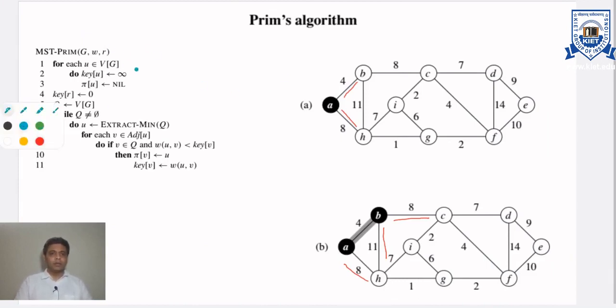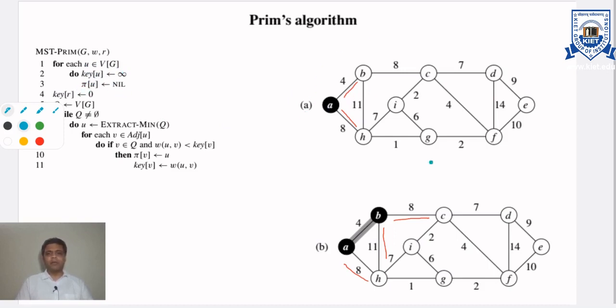Now this R means starting with A. There are two fields, key and pi. These two fields are associated with each and every node or vertex. So for the initial point, for each u belongs to V of G, means for every node of the graph, keep the value of key of u as infinity and pi of u as nil.